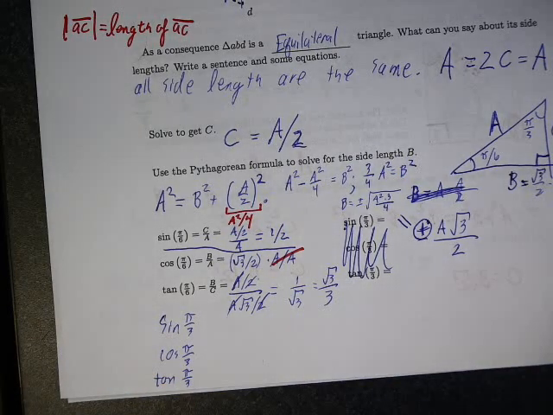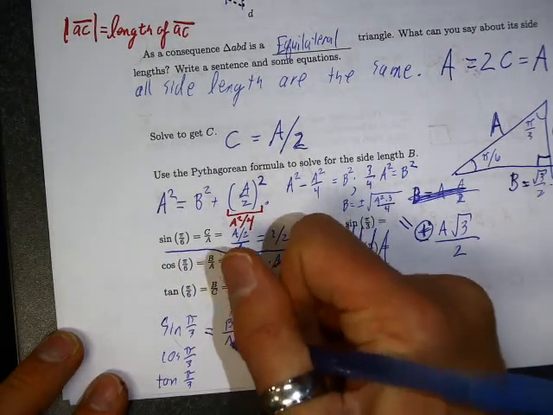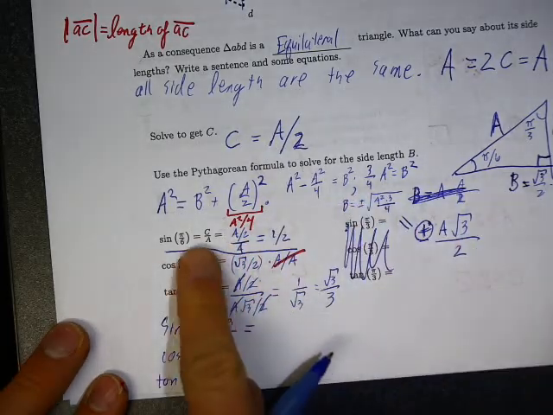And you'll notice that I haven't touched the pi over 3's yet. But do you see pi over 3 in that right triangle? So we can play the same SOHCAHTOA game. Sine of pi over 3 is opposite, which is B, divided by A. So SOHCAHTOA sine is B over A, which we have already computed.